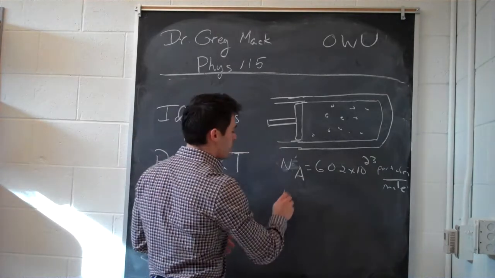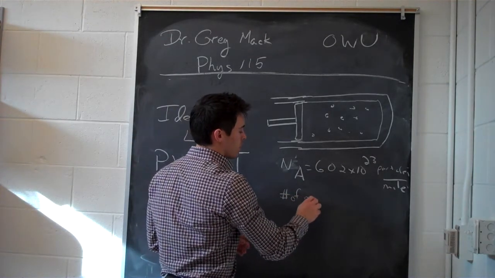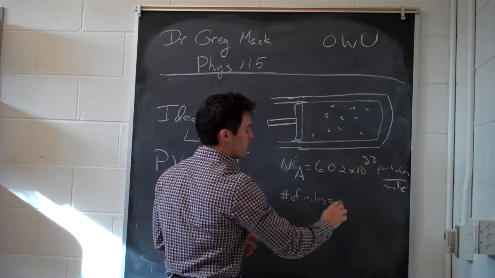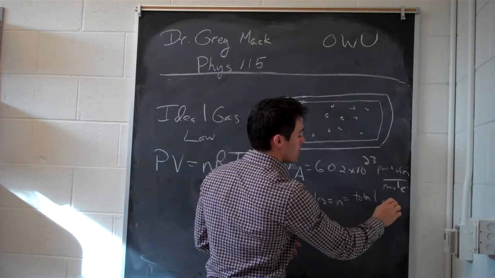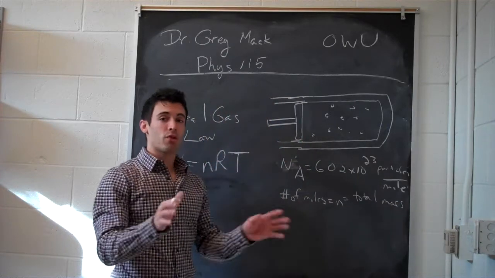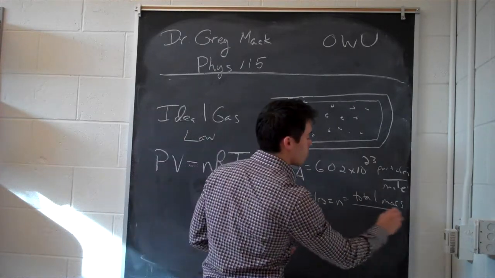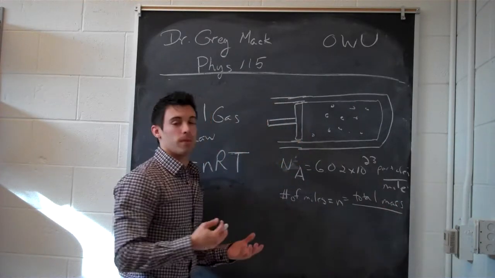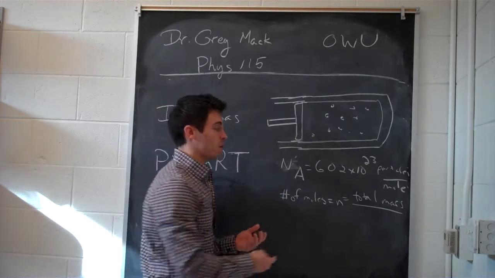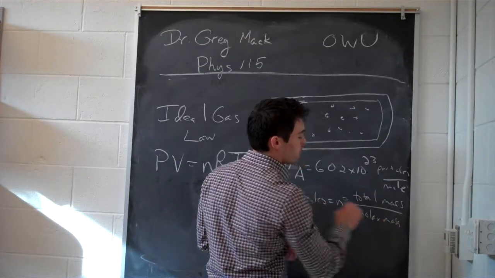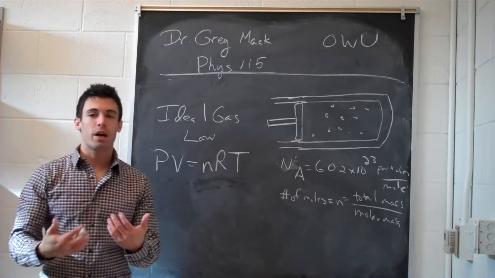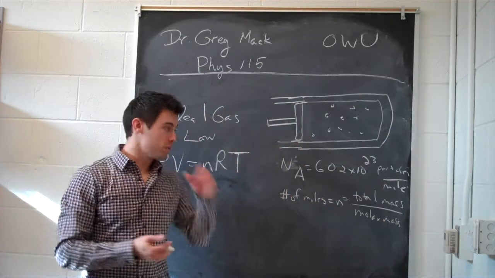So the number of moles, n, is also equal to the total mass of whatever collection of stuff you're talking about. It could be paper clips, it could be balloons, it could be gas particles, divided by the molar mass of each particle. Okay? Total mass divided by the molar mass gives you the number of moles.